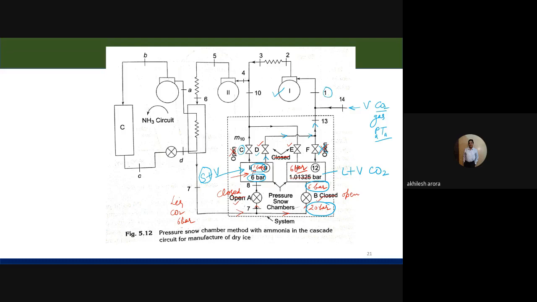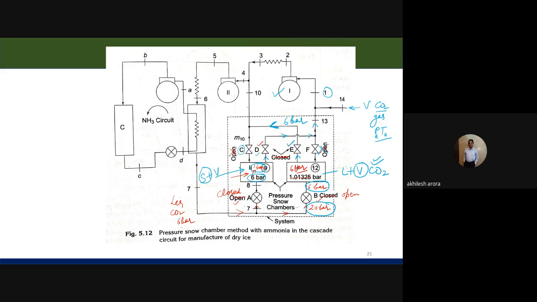Now let us see the other snow chamber 1. What is happening here? The vapor CO2 which is generated here in the snow chamber number 1, because now valve E is open, it will follow this path, it will go from here. So this line is actually here. The arrow is in the opposite direction, whatever has been shown in the diagram. It will follow this path, and this vapor is at 6 bar.